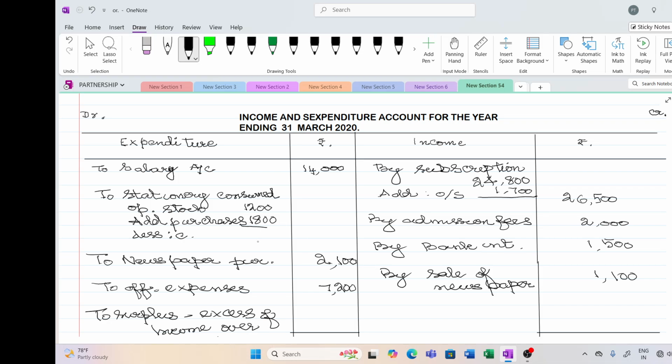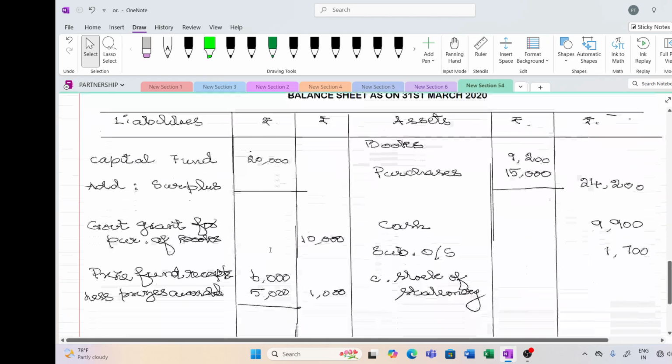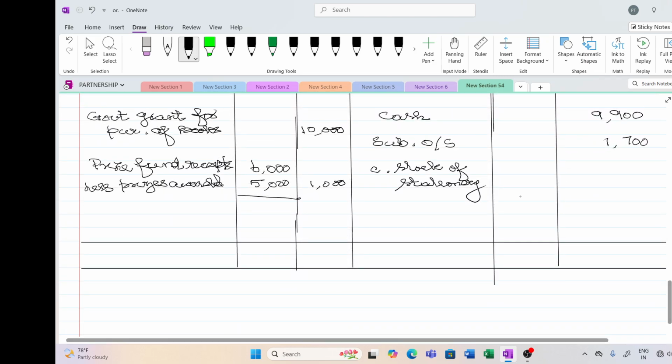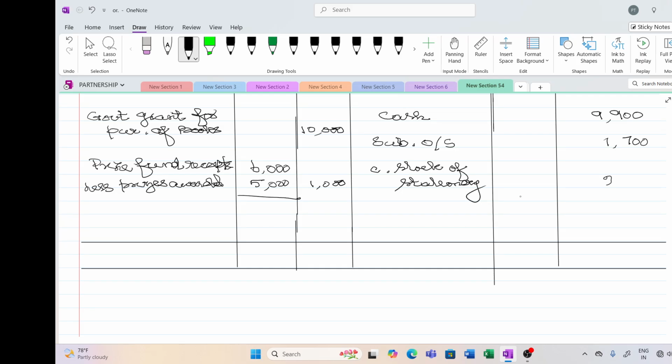So we were having a stationery of 3,000, but now closing stock left out is 2,000. So material consumed is, stationery consumed is only 1,000. So immediately the closing stock should come to your balance sheet asset side. Closing stock of stationery 2,000.